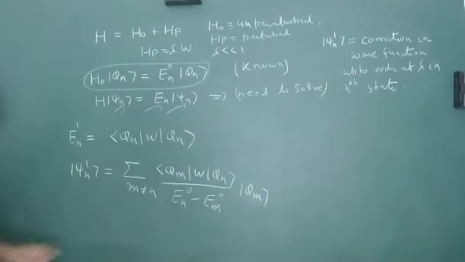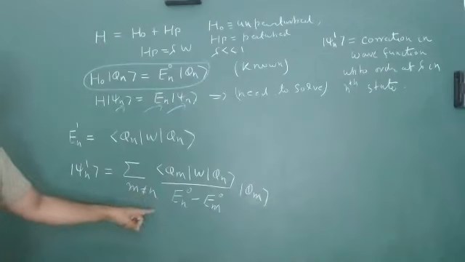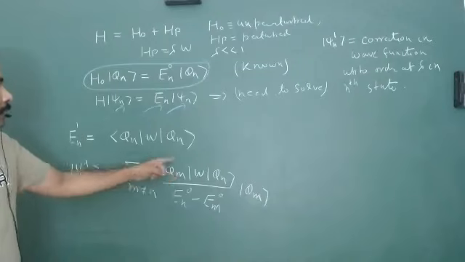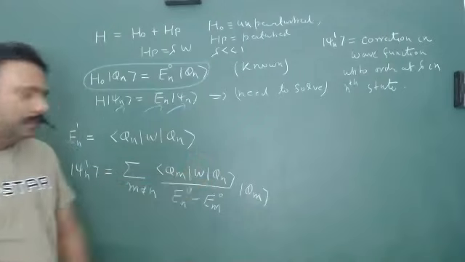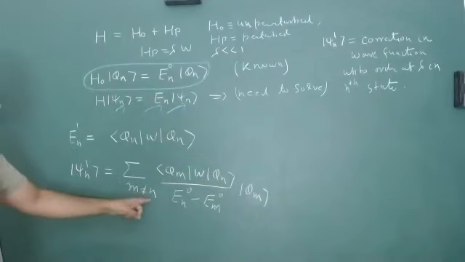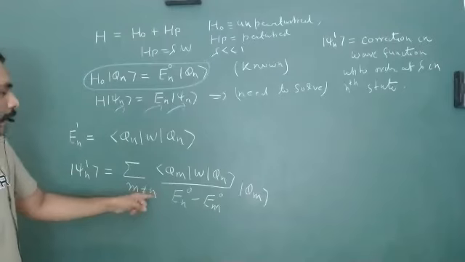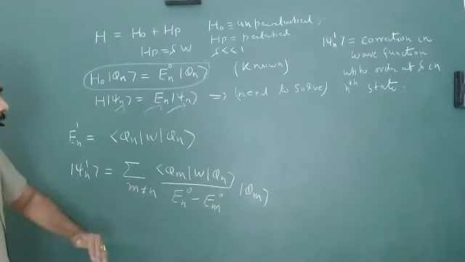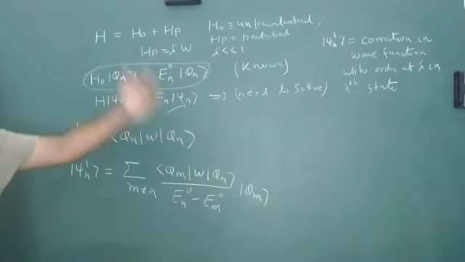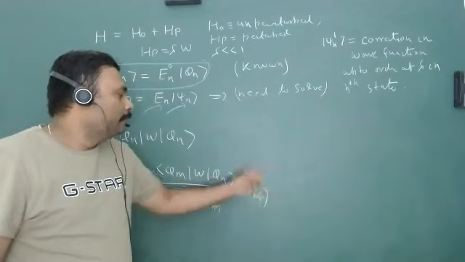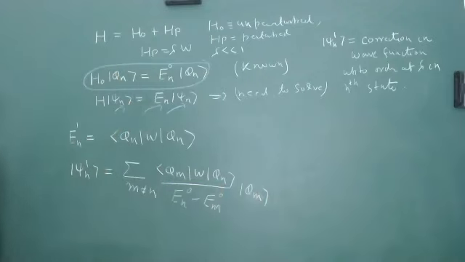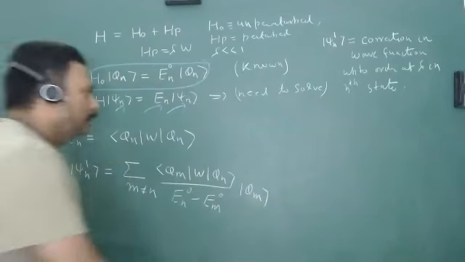But we have to make sure that m is not equal to n. If I am talking about the ground state, then m will be the first excited state, second excited state, third excited state, and n remains the ground state. If I am talking about the first excited state, then n will be 1, and m will be the ground state, second state, third state, and so on. We are just writing ψn1 in a basis of eigenfunctions of the original Hamiltonian. That's it, nothing else.